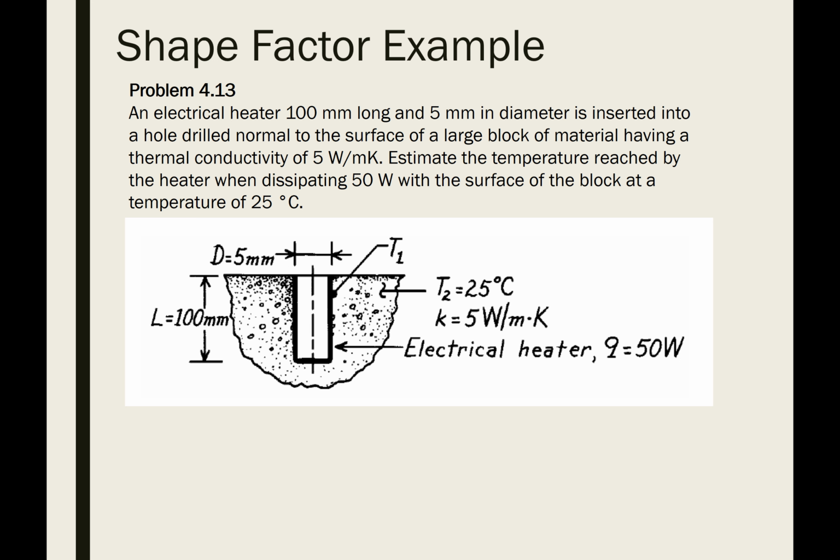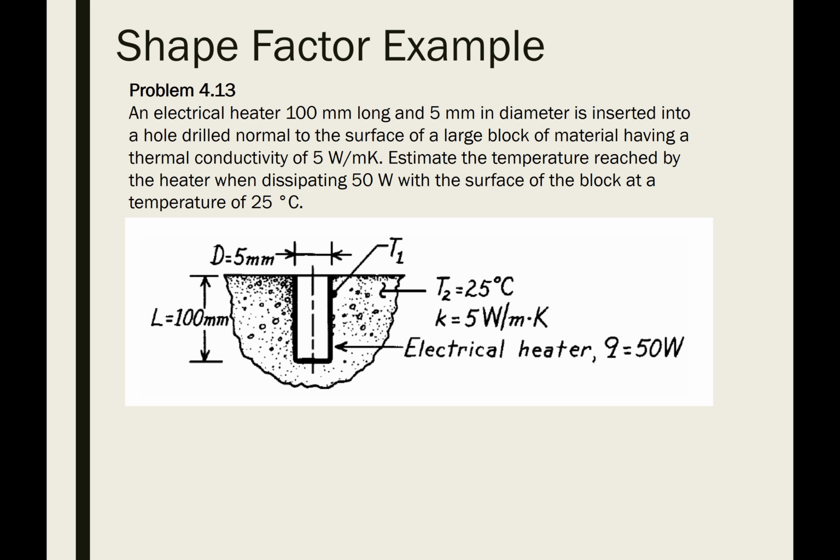So here's a shape factor example. I hope to teach this a little bit better by example. If we have an electrical heater that is cylindrical in shape embedded into the ground, and we want to know either how much heat is leaving our heater and making it to the surface, or we're given how much heat is going into our heater and we want to solve for the temperature of this heater, well then we could look up a shape factor for this particular system.